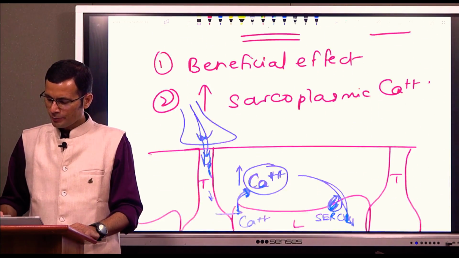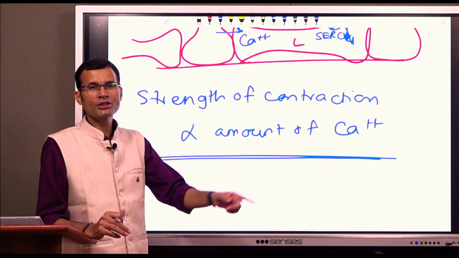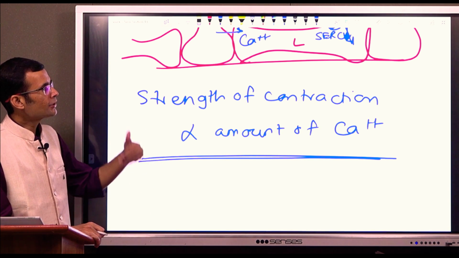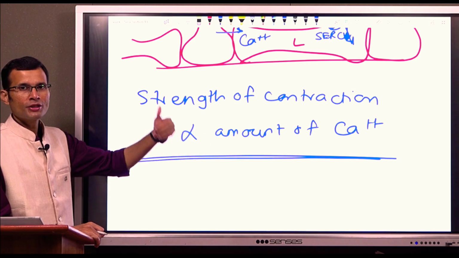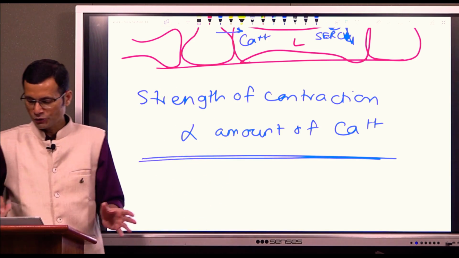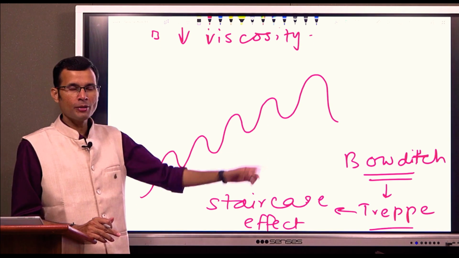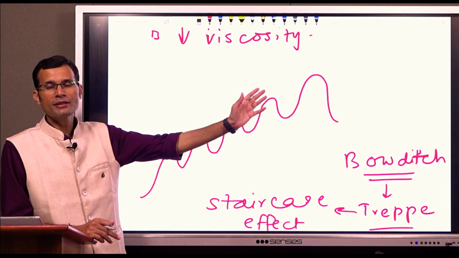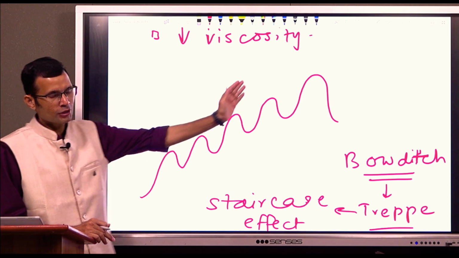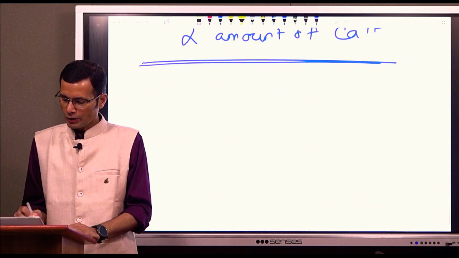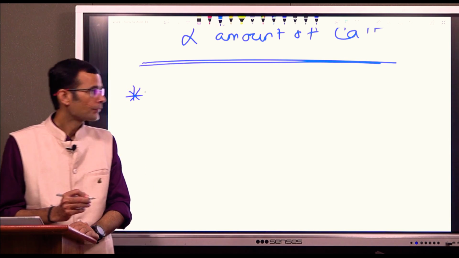But the point is, we are talking about the frequency tension relationship, and stimulation frequency to the muscle was increased, and it gave us stronger and stronger contraction. When we recorded that on a rotating drum, we got this staircase effect. Stronger, stronger, stronger contractions. Let me just add one more point to this.